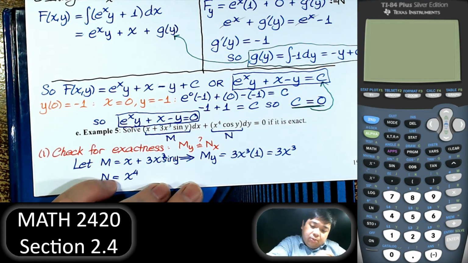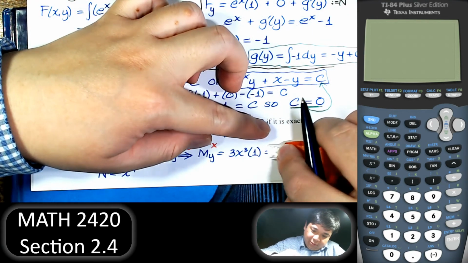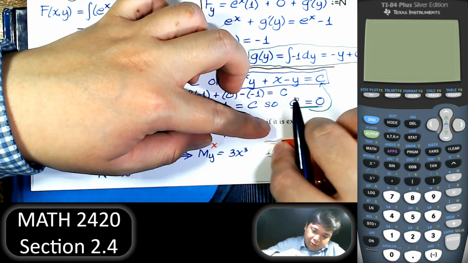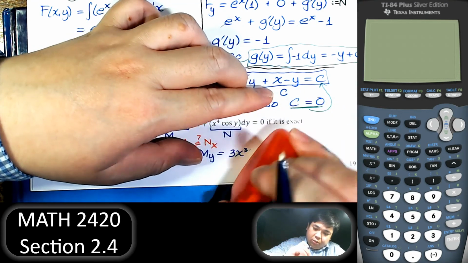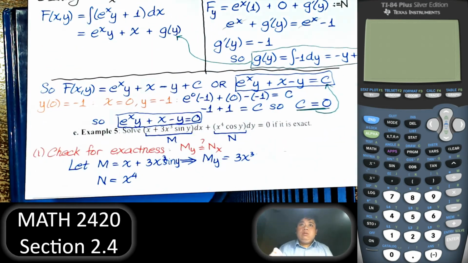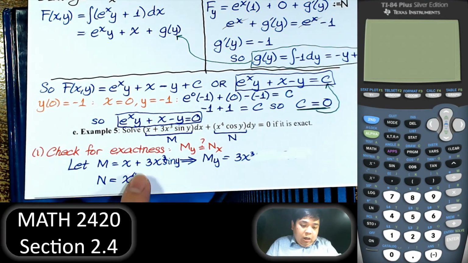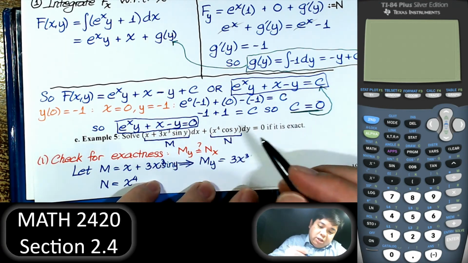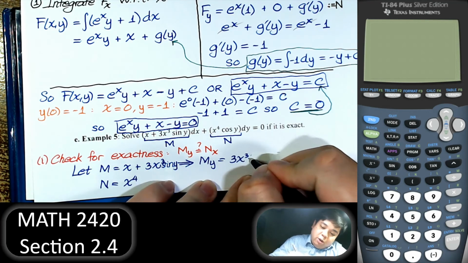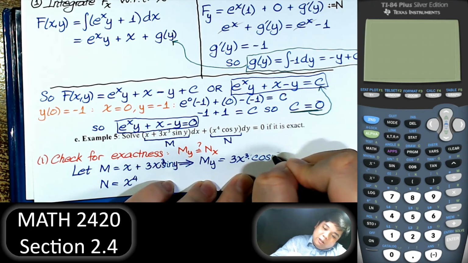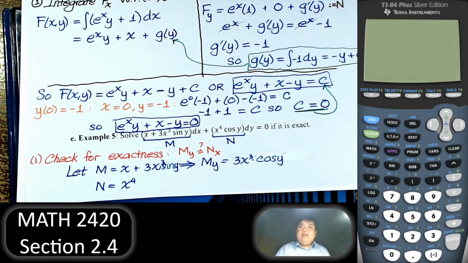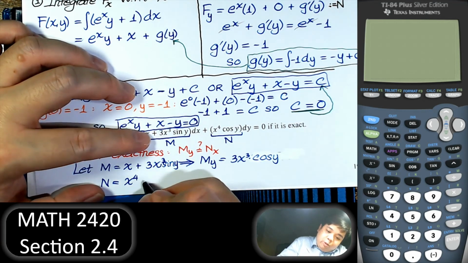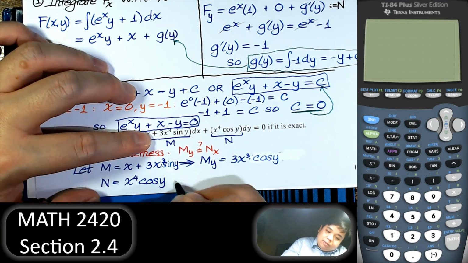Right, so m is x plus 3x cubed sine y. The derivative of 3x cubed is a constant, and the derivative of sine y is cosine y. So that is the derivative of m with respect to y: 3x cubed cosine y.